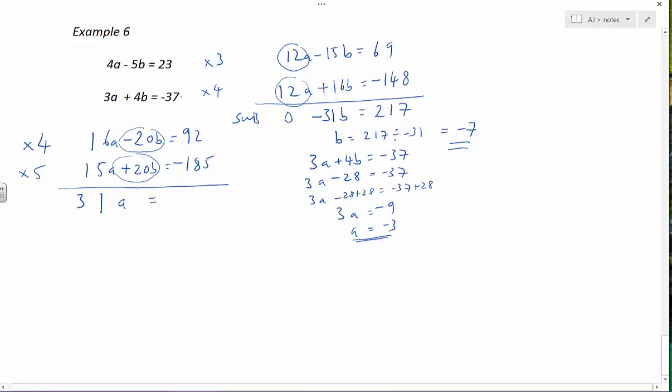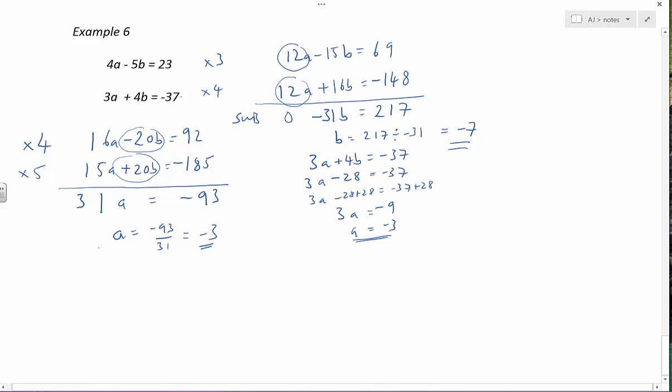So we would end up with 31a equals 92 minus 185, which is minus 93. So 31a is minus 93, so a is minus 93 divided by 31, which is minus 3, as before.